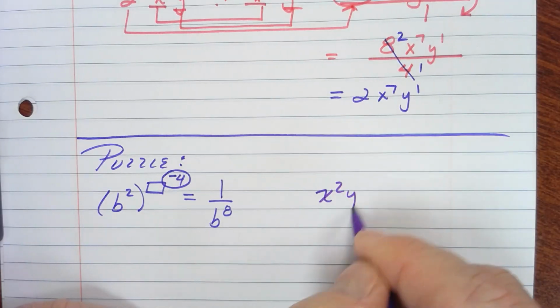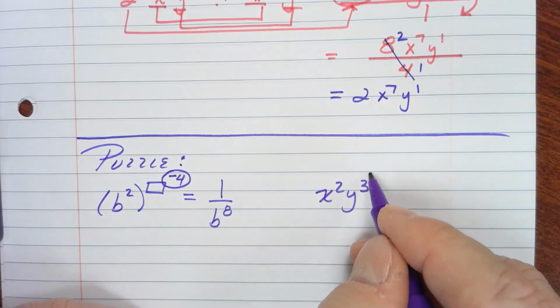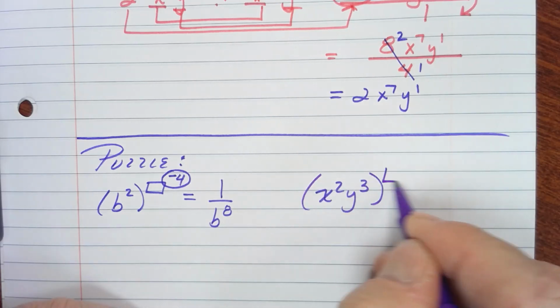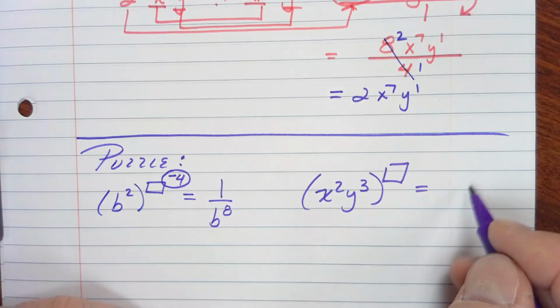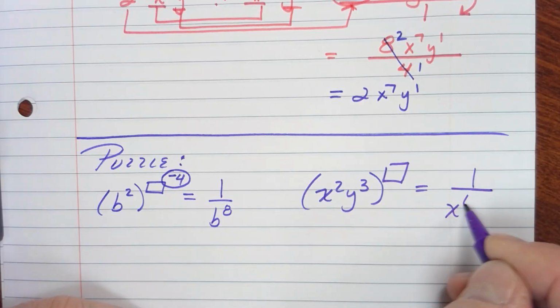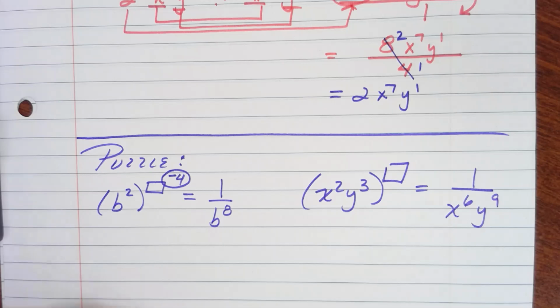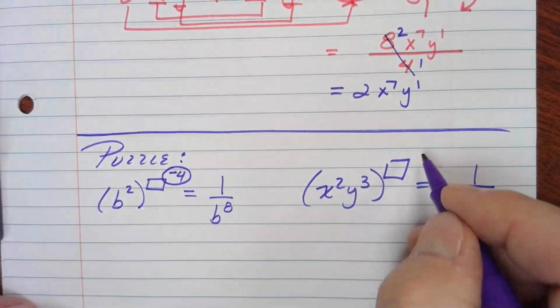X squared y cubed is raised to what exponent to get 1 over x to the 6th, y to the 9th? Yeah, negative 3.